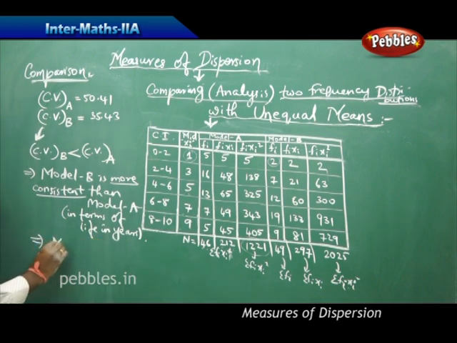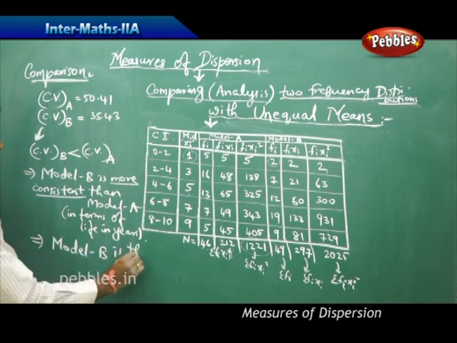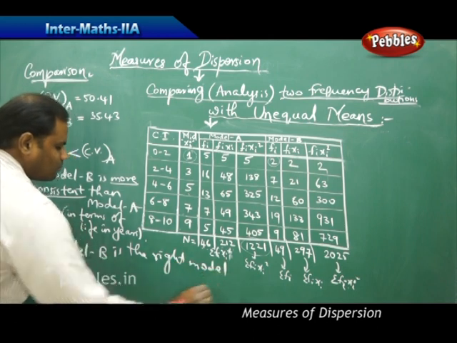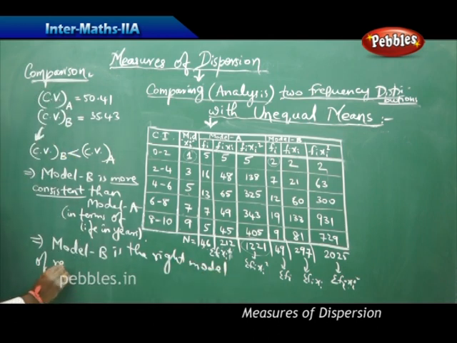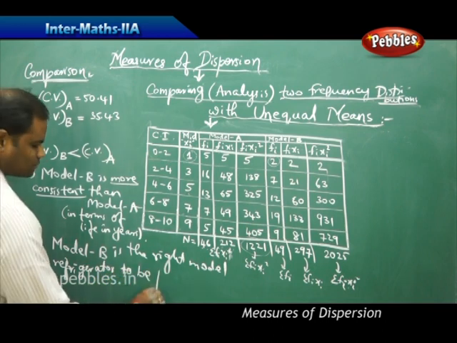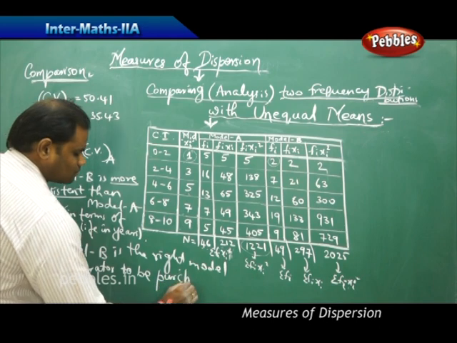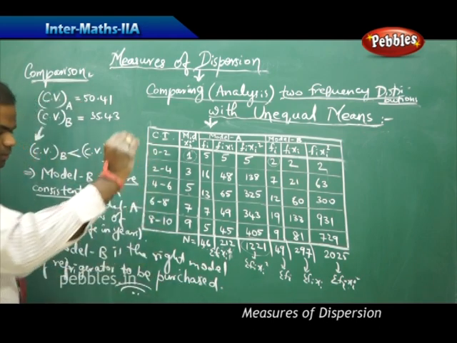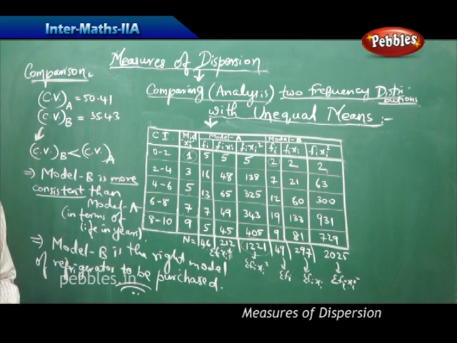That implies model B is the right model of refrigerator to be purchased, is how I conclude through the given values.